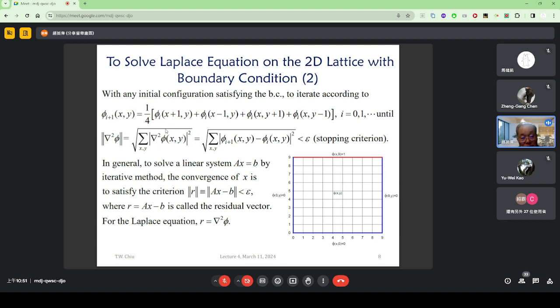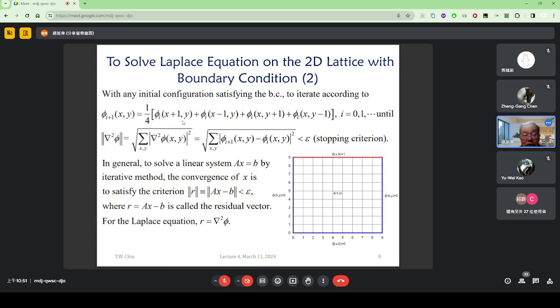And then the Laplacian phi, what is this? You can easily obtain this in the iteration here. Since you are updating, the updated phi is equal to the average of the labels.